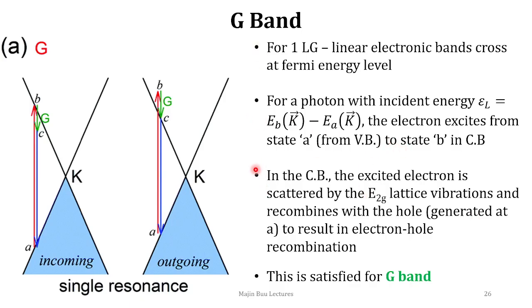Now, as mentioned, the G band is essentially a single resonance Raman process where you have the excitation of the electron from the valence band to the conduction band, followed by interaction with the in-plane lattice vibrations, which results in the recombination of the hole with the electron, called the electron hole recombination, and this results in the origin of the G band.